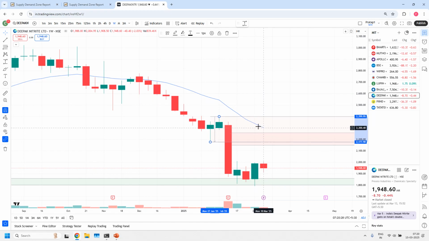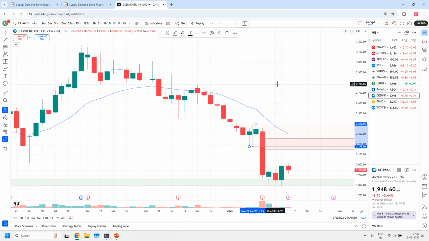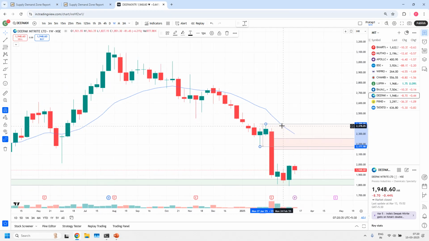And did you notice this weekly zone also has weekly EMA confluence. Deepak Nitrate has to be selected next time if the weekly trend is downtrend. If it is sideways, we can't select this weekly EMA confluence. We should not consider it. If Deepak Nitrate weekly trend is downtrend, definitely it will be considered as a bearish trade setup.